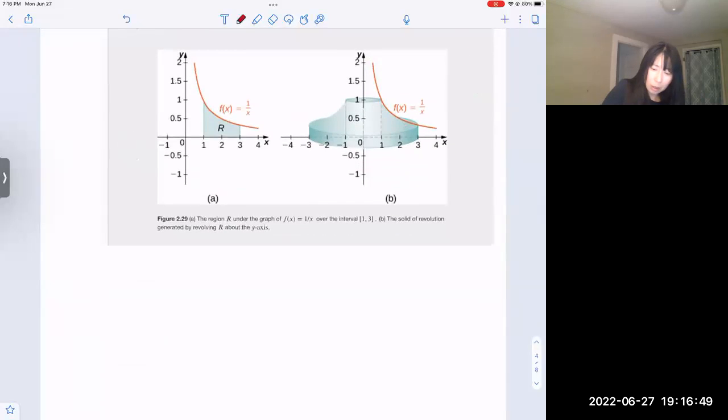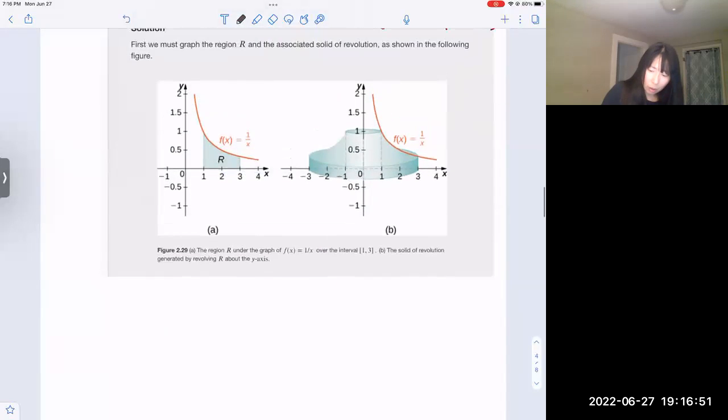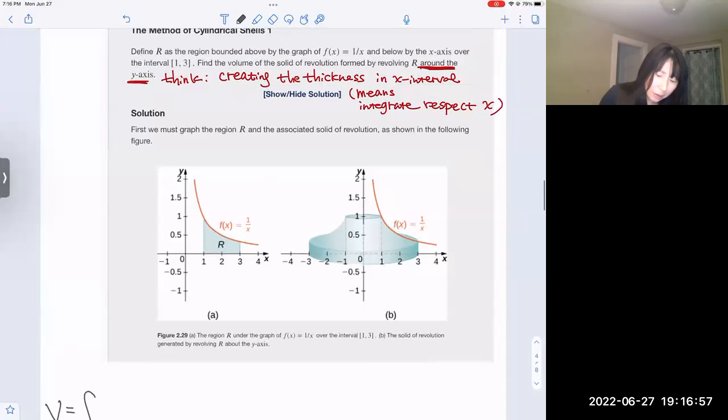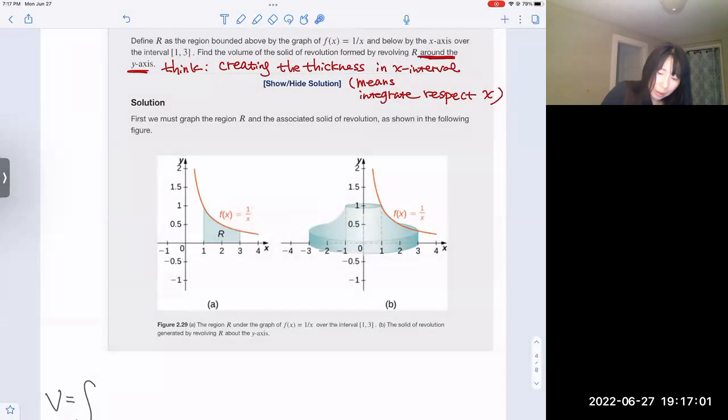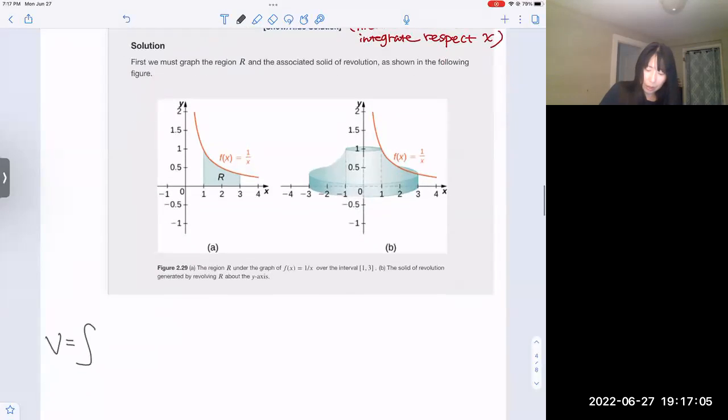Look, we set it up. The volume, the interval is given, 1 to 3. Can you see that here? So we are going to use 1 to 3.